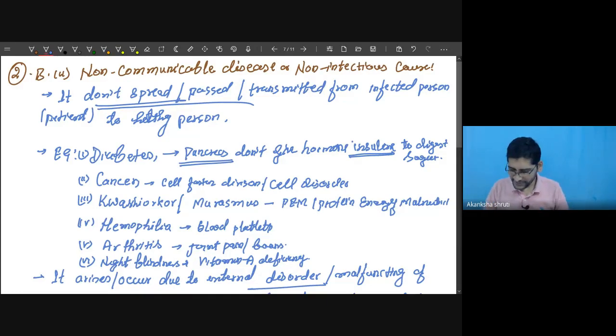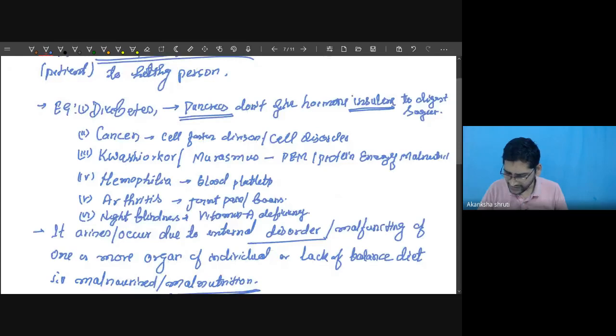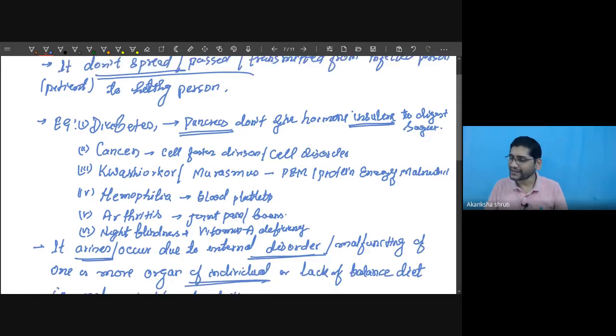So there are so many kinds of diseases which are non-communicable. The important point: it arises in the individual itself, due to the disorder of the individual itself. It doesn't come from external.